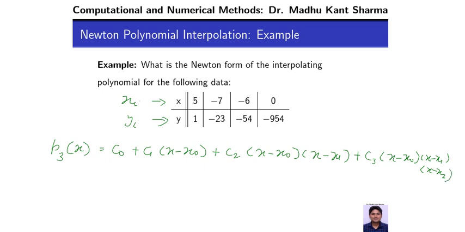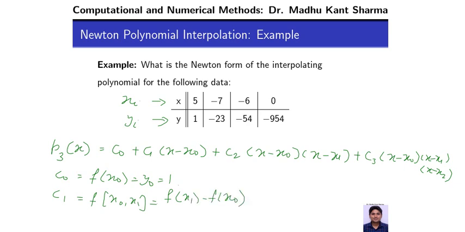So what is c0? It is equal to f of x0, that is y0, that is 1. So first the zeroth divided difference. c1 is equal to f of x0 comma x1. So that is equal to, if you recall, f of x1 minus f of x0 divided by x1 minus x0.